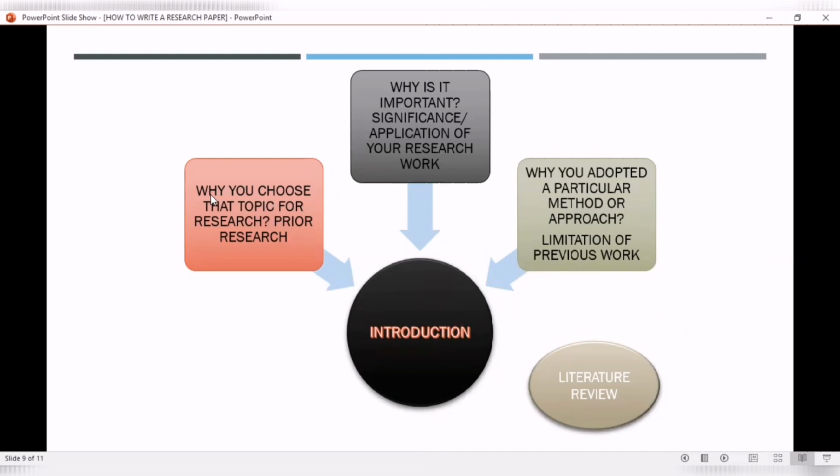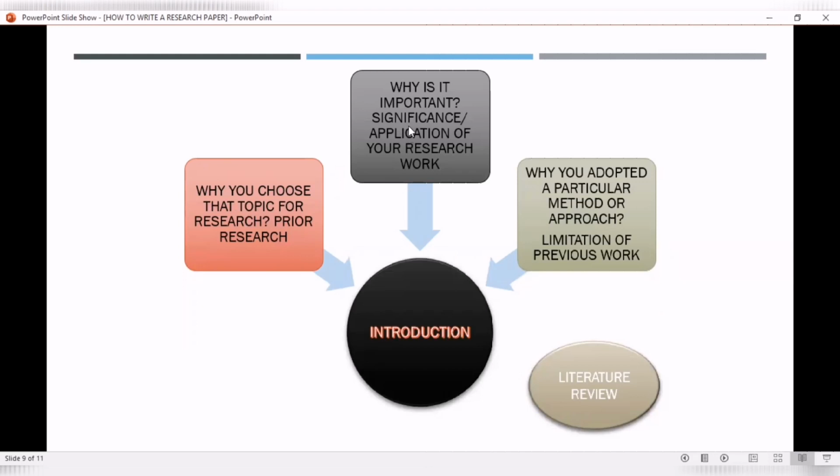So your introduction must be able to answer the following question: why you chose that topic for research. For answering that question, you must include the prior research done before, and the limitation of that research.